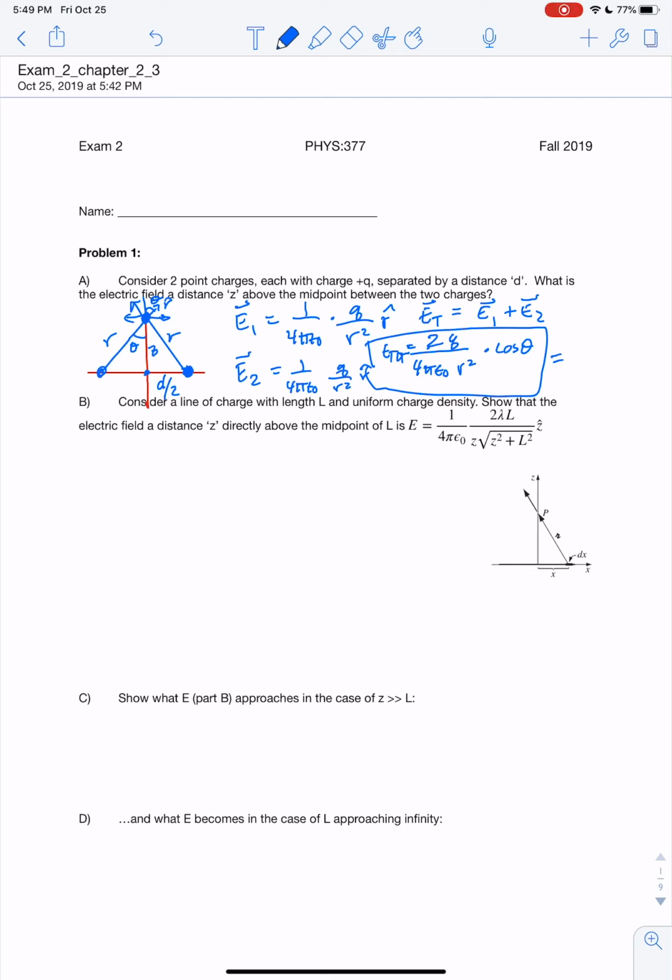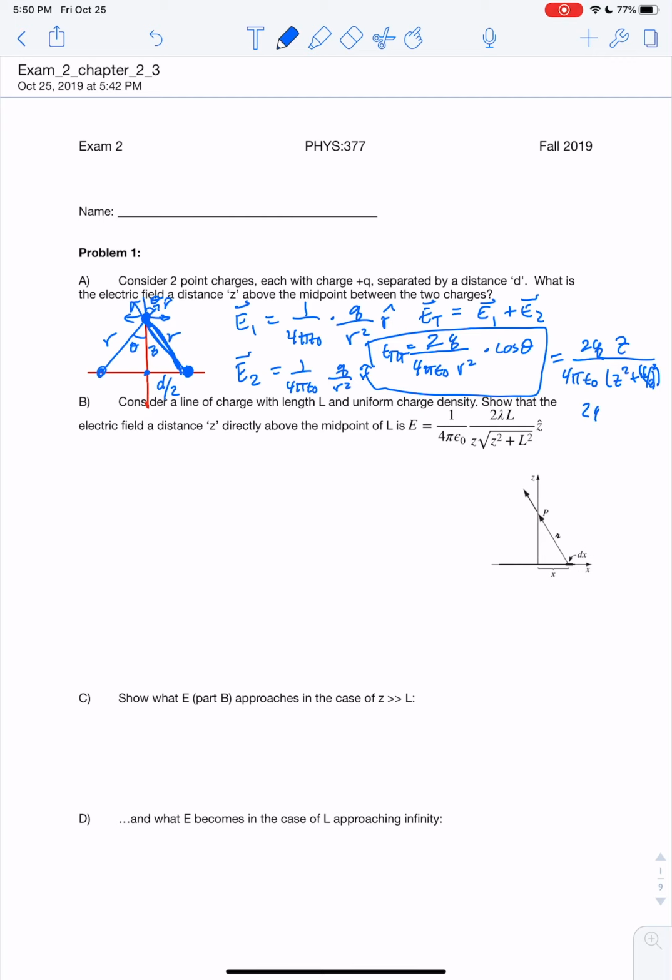We could set this equal to 2q over 4 pi epsilon naught, and then r squared. What is r? This distance r is just the square root of z squared plus d over 2 squared. So r squared is z squared plus d over 2 squared. And then we've got 2 of those, and then we've got a cosine of theta. Cosine of theta, adjacent is z, so we'd have z over the hypotenuse, which is the square root of z squared plus d over 2 squared.